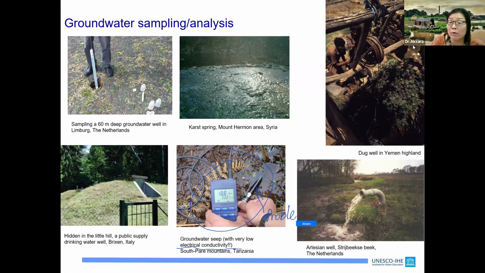You just dip your probe into the water that you'd like to take electrical conductivity measurement of, and then you can read the numbers from the screen. It's very easy these days to measure the water quality on site because you have probes that can measure many parameters.